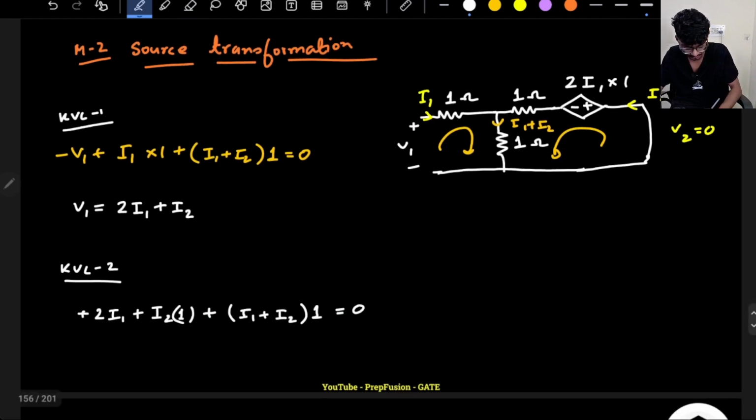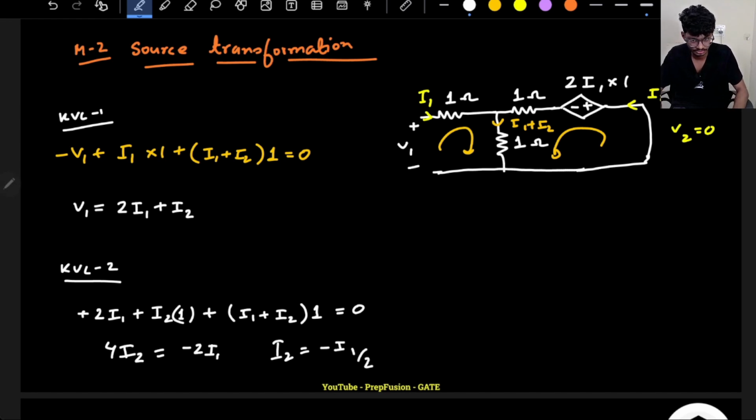So from here I can find out the relationship between I2 and I1. So 2I2 or 4I2 equals to minus 2I1, is it minus 2? Here I have 1, this is 2I1. How is this 2I1? Oh, that is due to that, right? Okay, yeah. So I2 will be equals to minus I1 by 2, that we found out from the previous one as well, right?